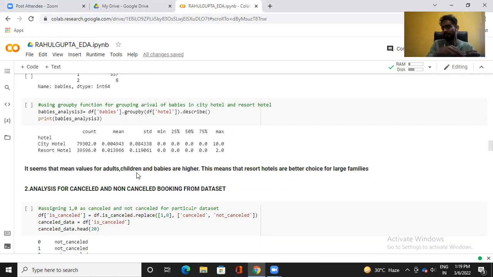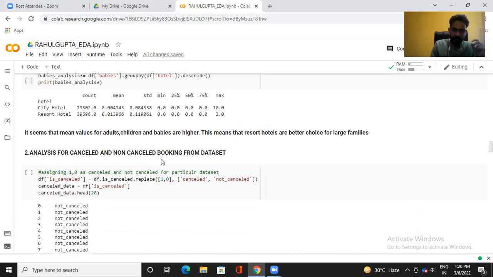They will look for things for larger families, and if they are focusing on the city type, they will take different steps for the convenience of families, larger or small, whatever the case. According to that, they will grow their business.